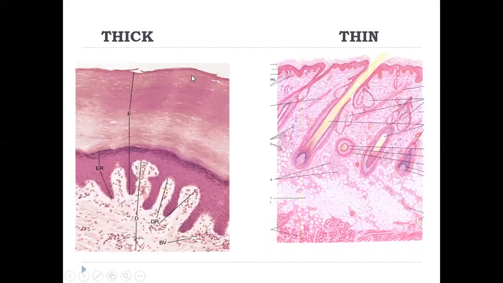Here, this area is keratin. This is thick skin. In this area, thin skin. The thickness of the keratin is different in thick skin and thin skin. There are other differences as well. Hair follicles are present on thin skin, whereas here it is absent. There are major differences. Let's see in the next slide.